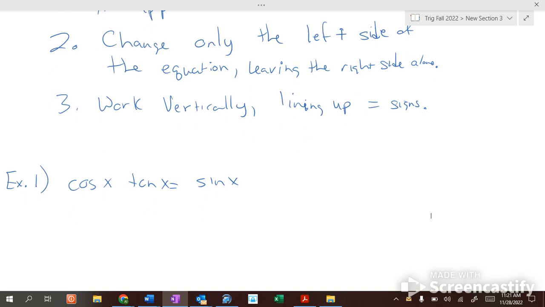Basically, you're going to prove how the cosine of x times the tangent of x is going to equal the sine of x. Now, we can only change the left side of the equation. We can't do anything to the right side. So, which thing on the left side are we going to change? Tangent of x. We're going to rewrite tangent of x as sine of x over cosine of x.